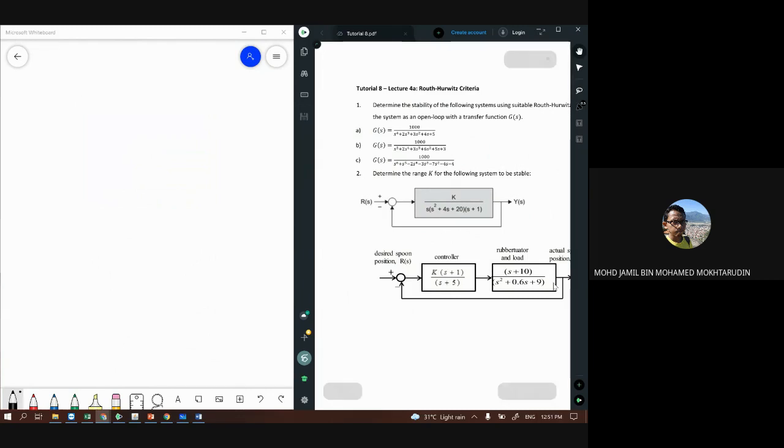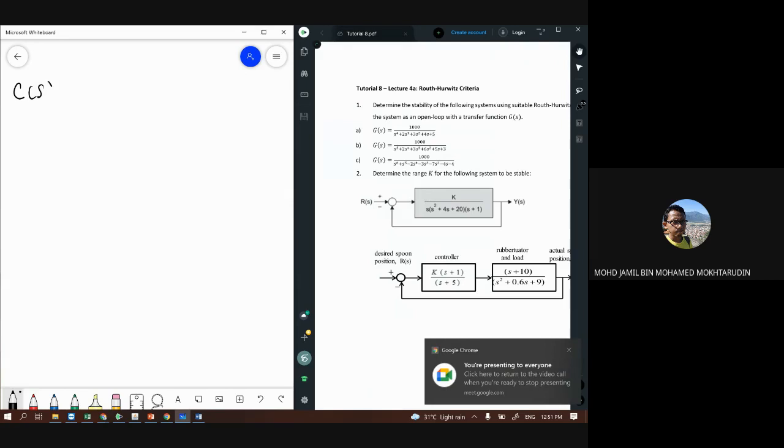The first block here is in unity feedback. So what you need to do is simplify the block diagram first. You can use the transfer function in the gray box here. So find C(s) over R(s).